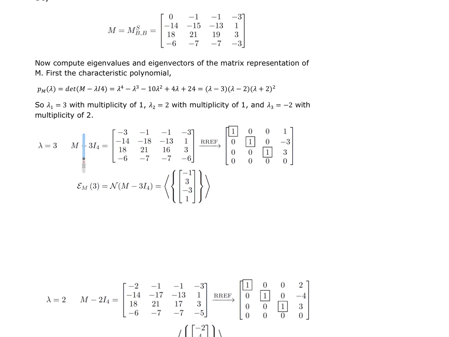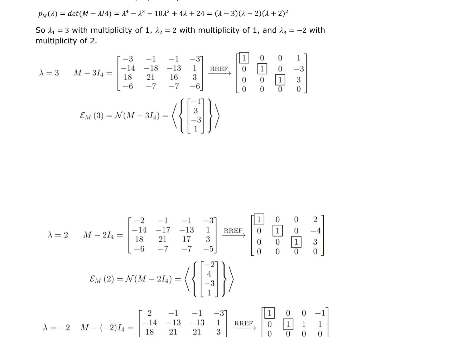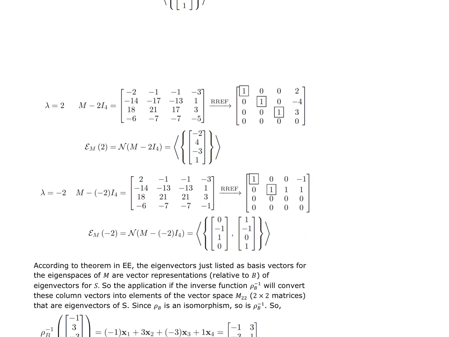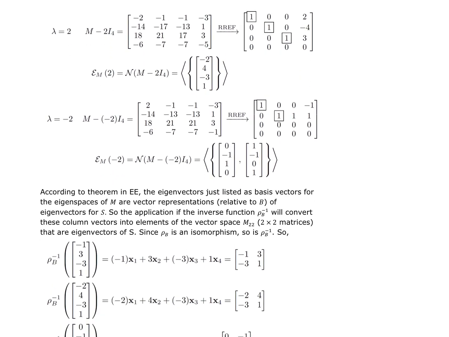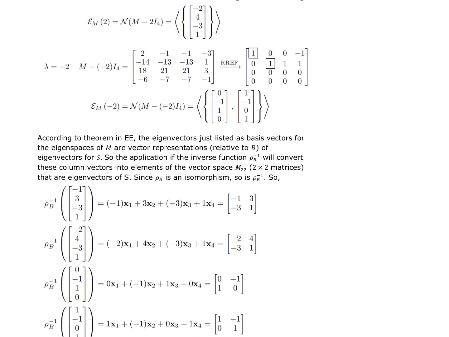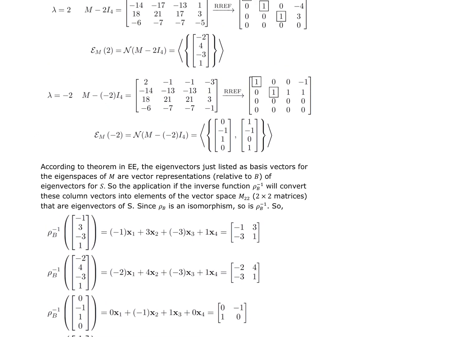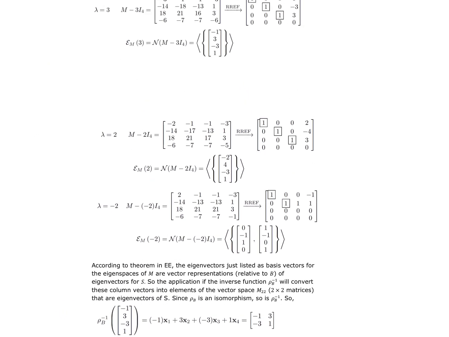that is associated with this lambda. I do the same thing here just like I did when I was finding eigenvectors, and I continue until, boom, boom, boom, I end up with these 4 vectors, 1, 2, 3, and 4.